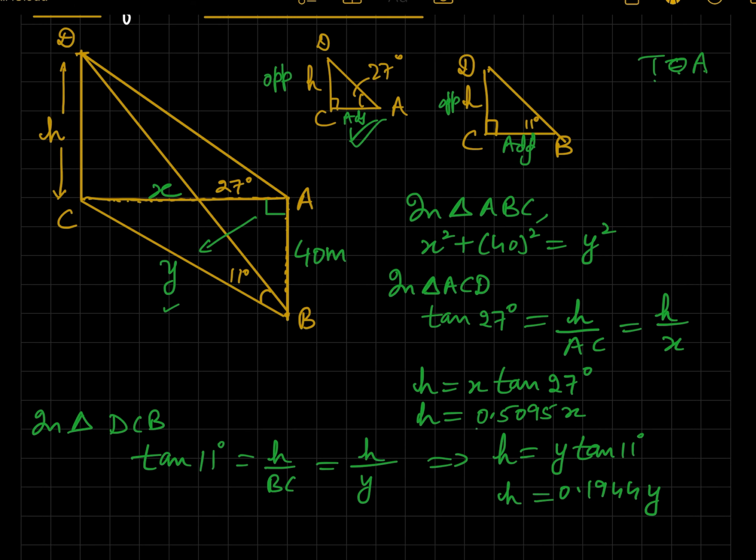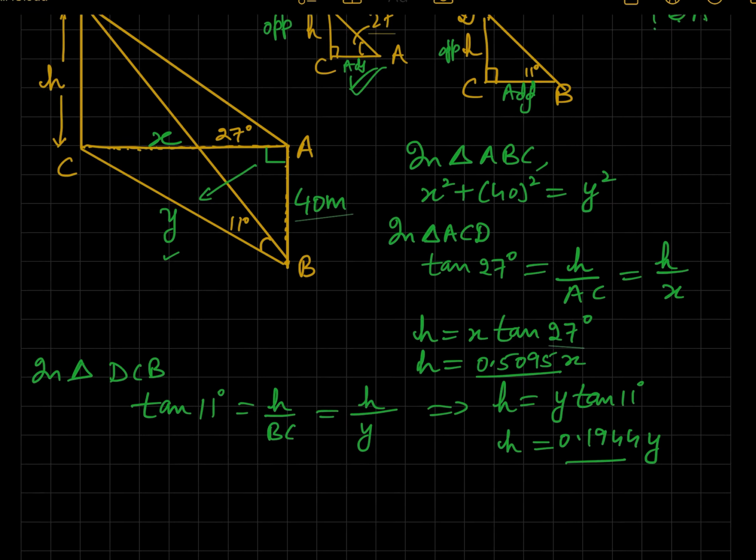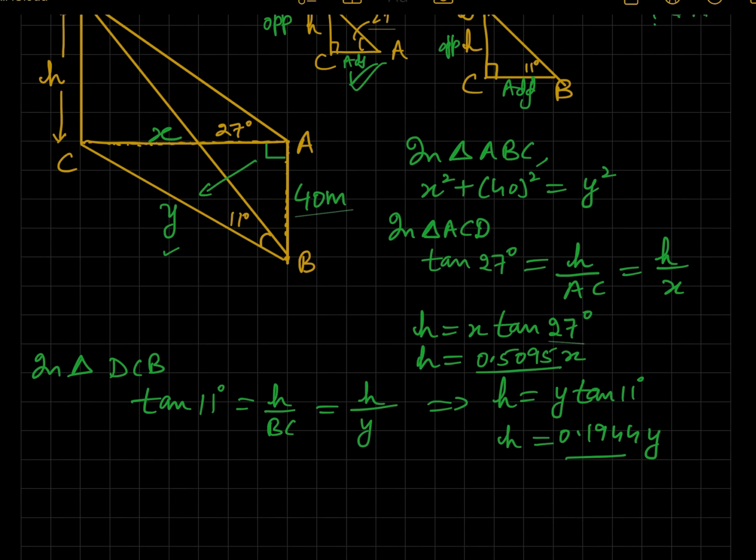This is H and this is here H. Fine, we have got this. Or we can now do one thing: we can write our x in terms of H and then substitute here. That would be much better.